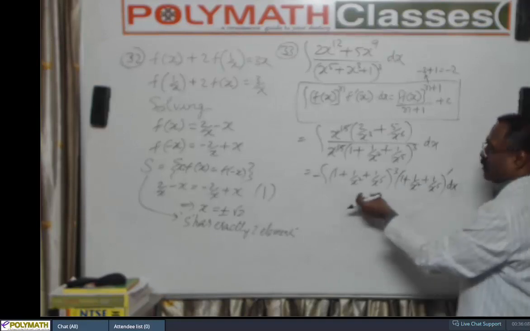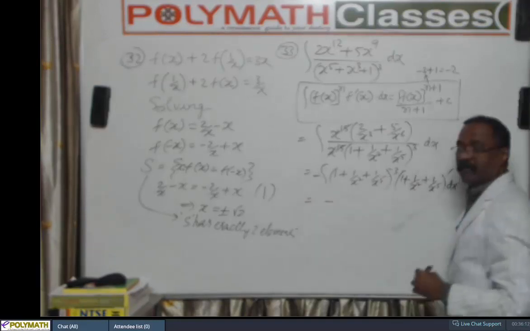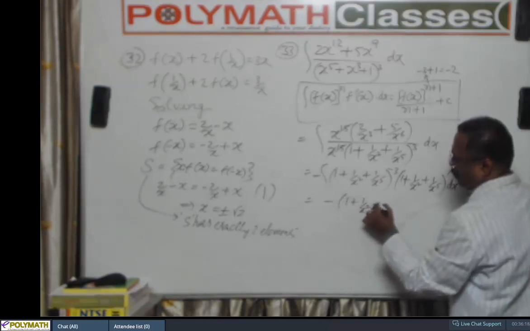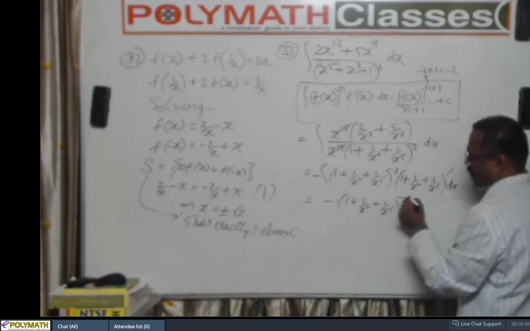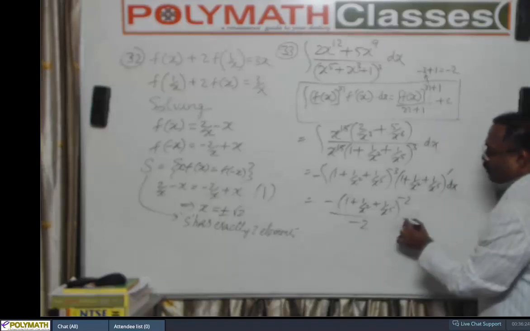So it is now in the form of f of x power n into f dash x, which is nothing but 1 plus 1 by x squared plus 1 by x power 5 whole power minus 3 plus 1 by minus 3 plus 1, plus c.